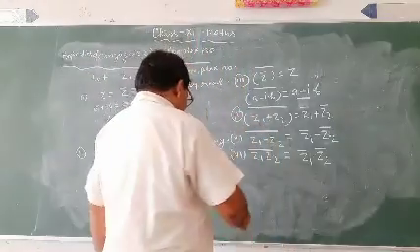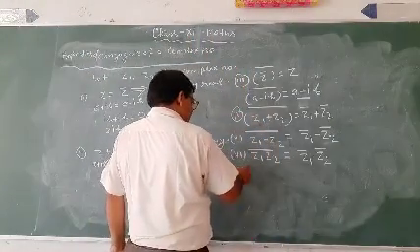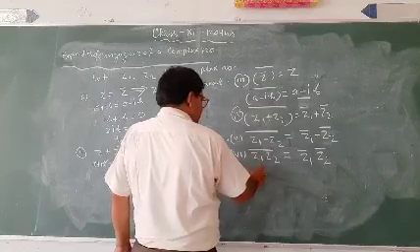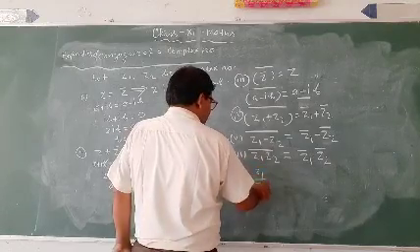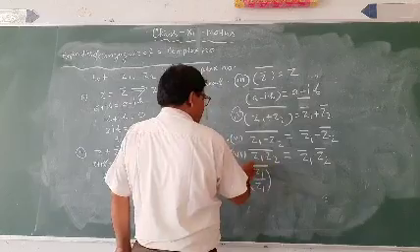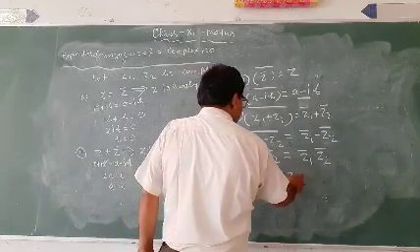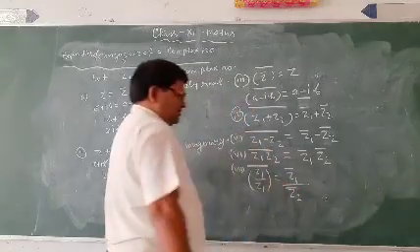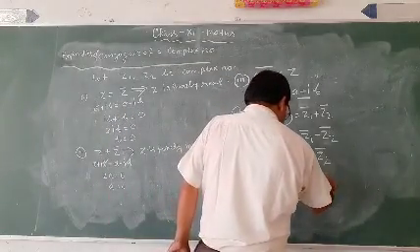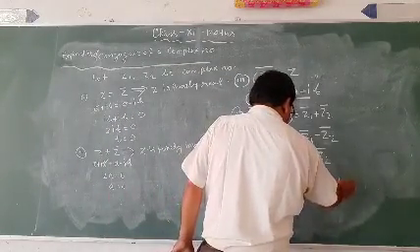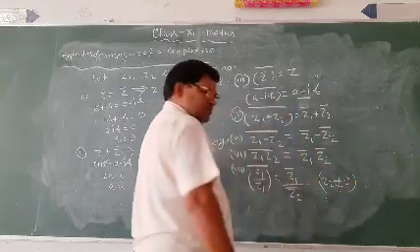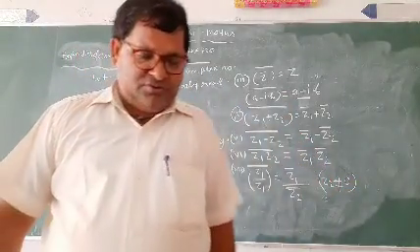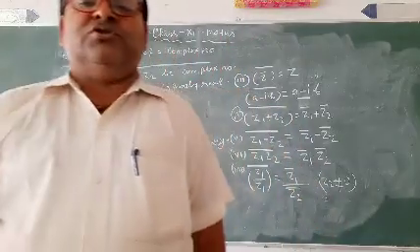And property number 7, for the division: the bar of z1 upon z2 is equal to z1 bar upon z2 bar, where z2 is not equal to 0.